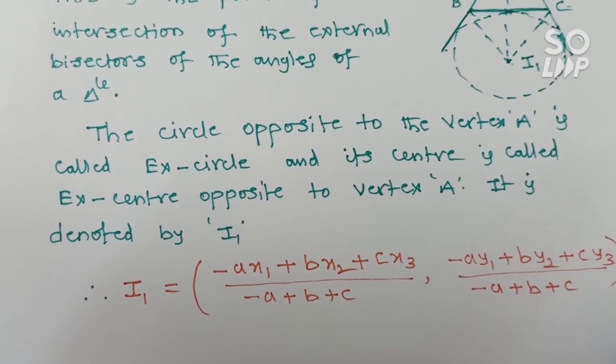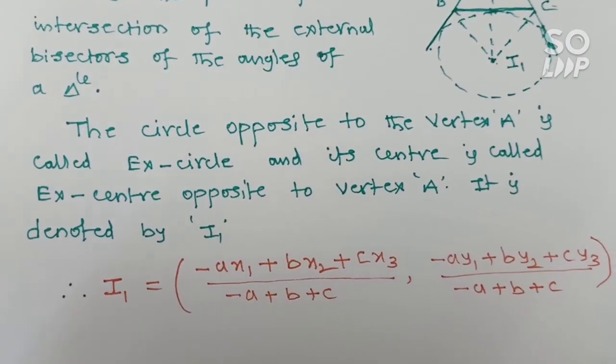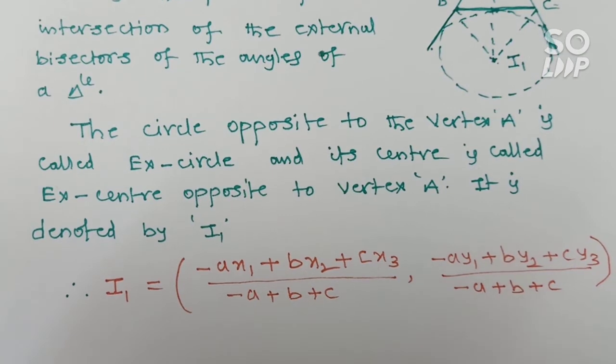This is the formula to find the excenter opposite to the vertex A, right?